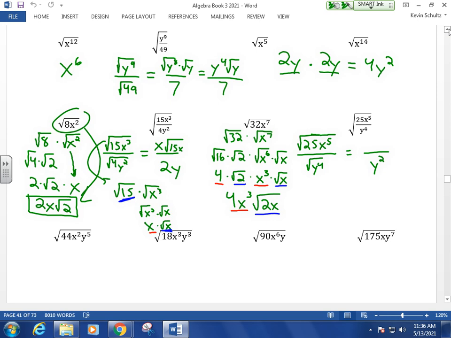That numerator, the root of 25x to the fifth, I'm going to do the work down here. I'm going to split it up into its coefficient and its variable separately. So root 25 times root x to the fifth. The root of 25, hey, look what we got. What is that? A perfect square.